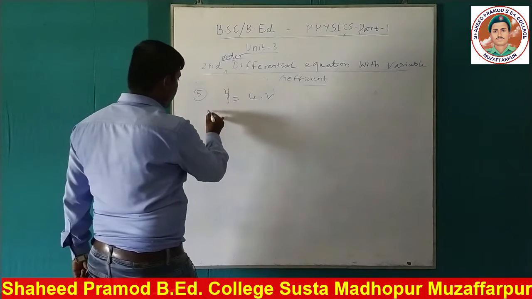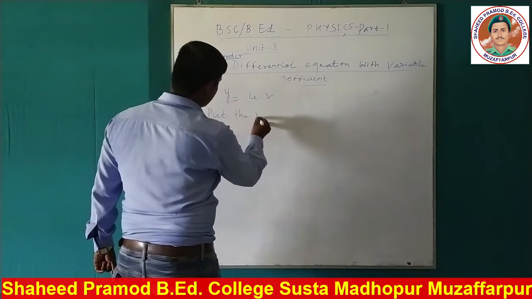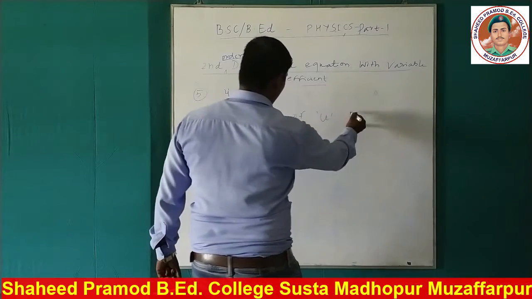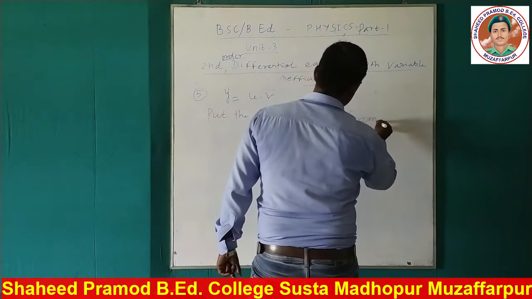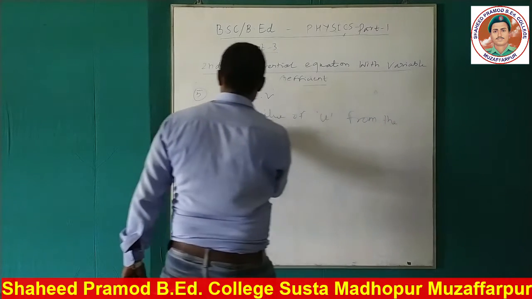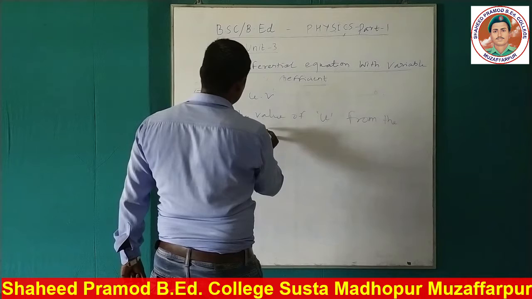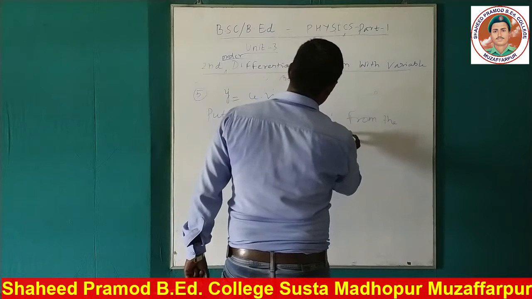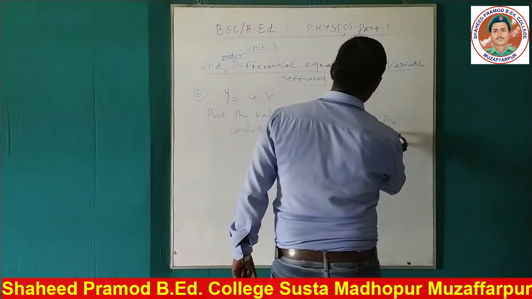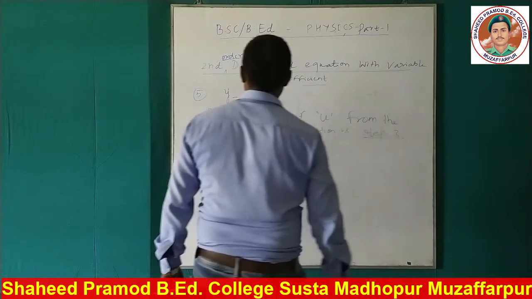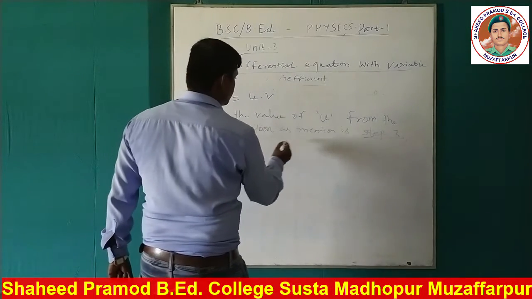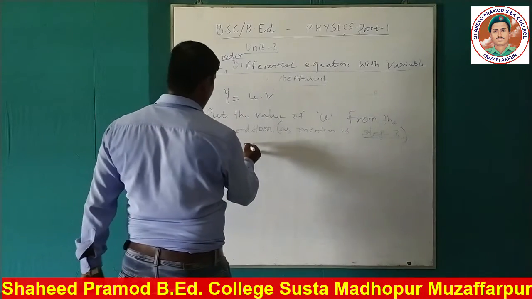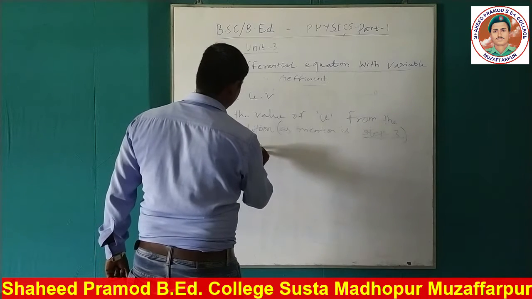So put the value of u from the conditions as mentioned in step number 3, you can write in bracket in above equation.